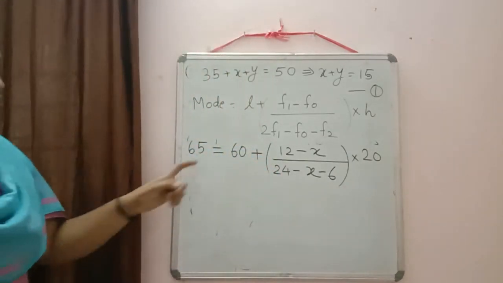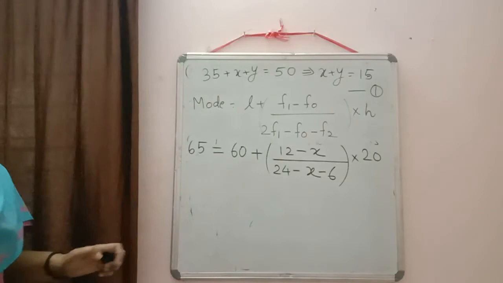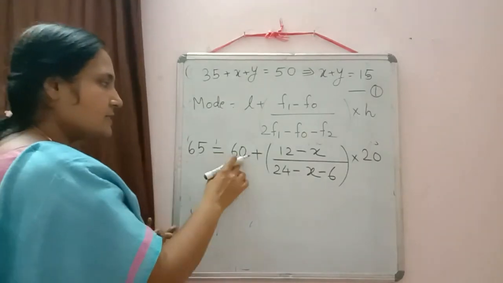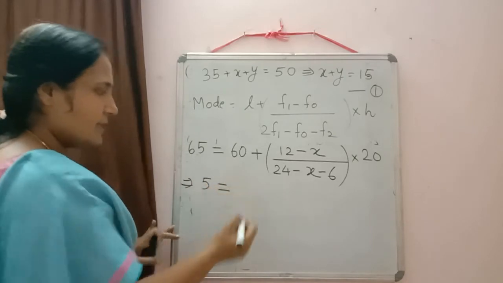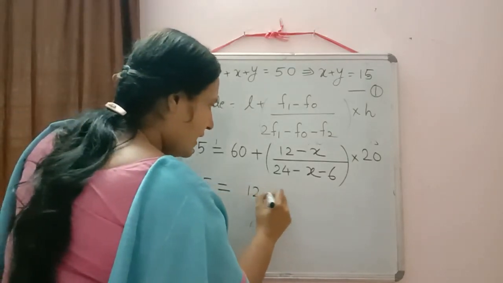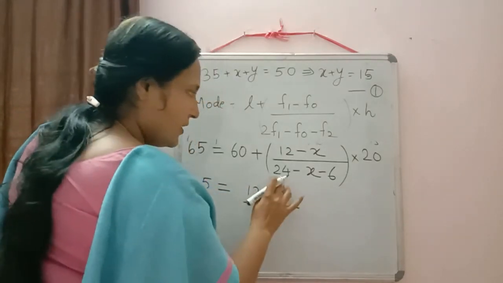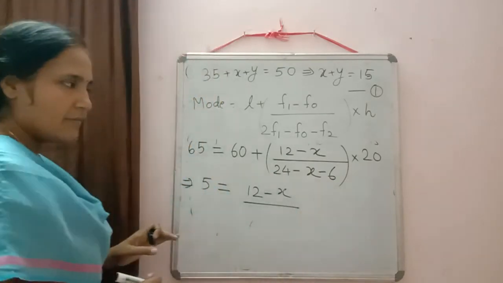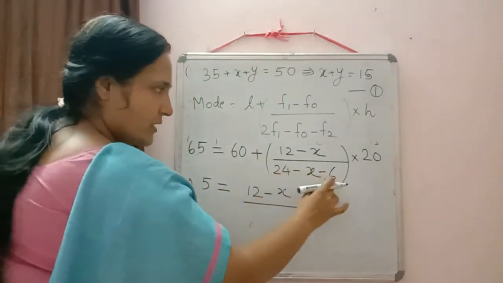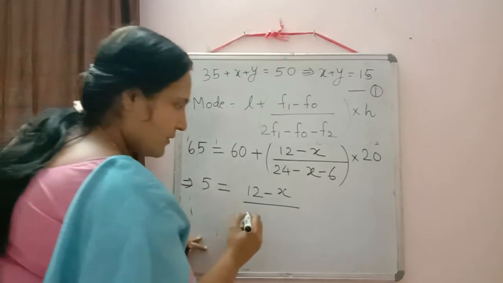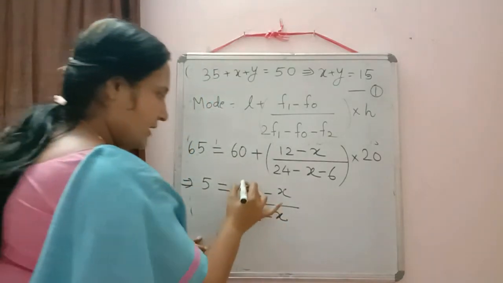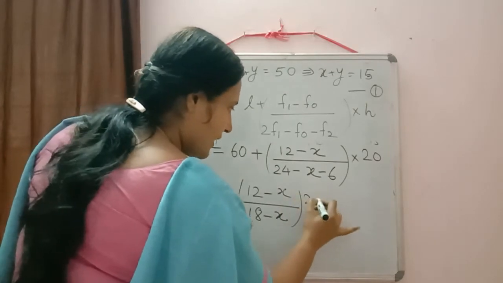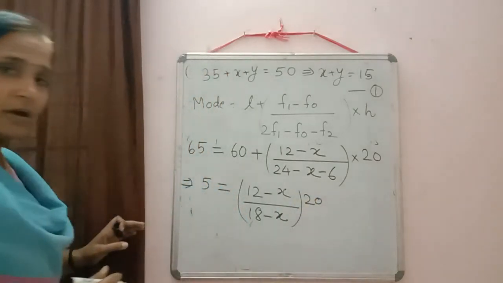Now first we will shift 60 to the left hand side. So it will be 65 minus 60, that will be 5 is equal to 12 minus x by 24 minus x. Here we can do the subtraction, 24 minus 6 will be equal to 18. So it will be 12 minus x by 18 minus x into 20. Again, 20 we can shift to the left hand side.